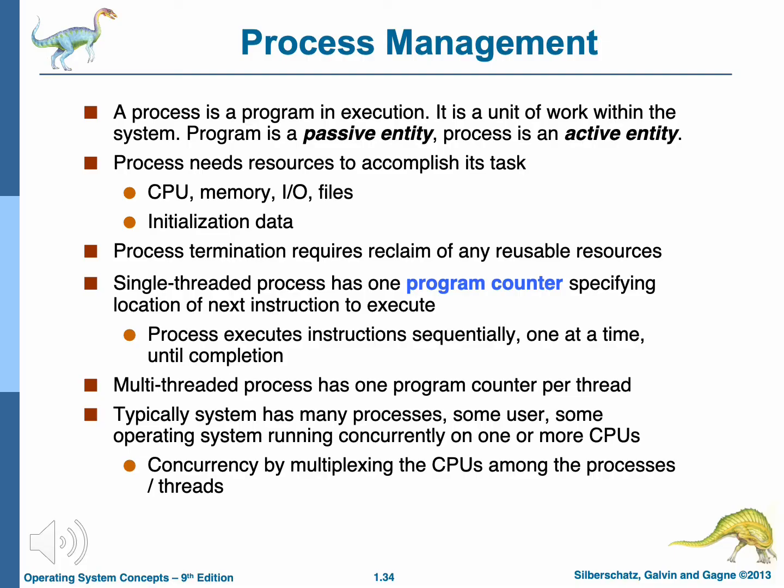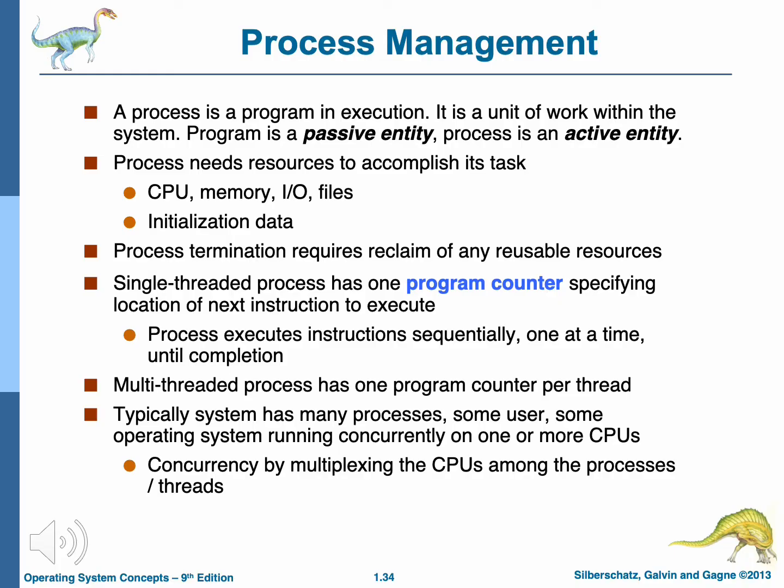As we shall see later in Chapter 3, it is possible to provide system calls that allow processes to create subprocesses to execute concurrently. A process needs certain resources, including CPU time, memory, files, and I/O devices to accomplish its task.